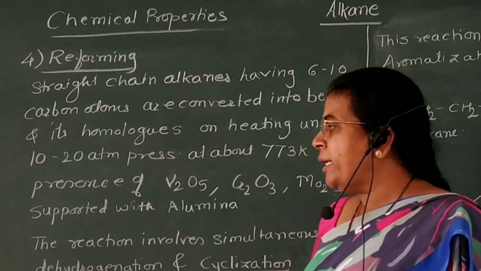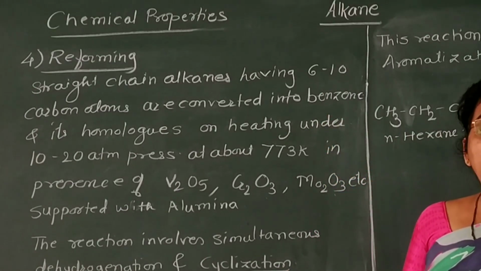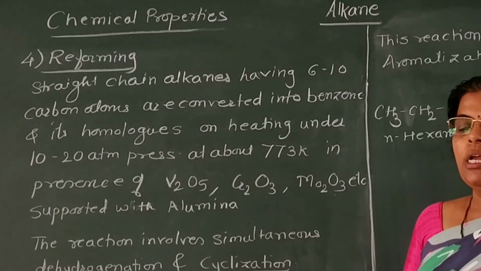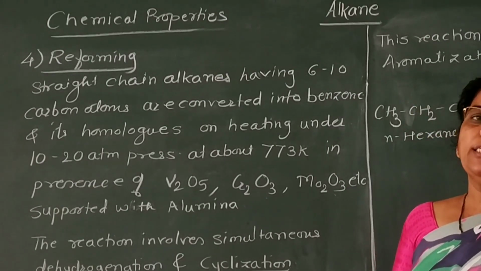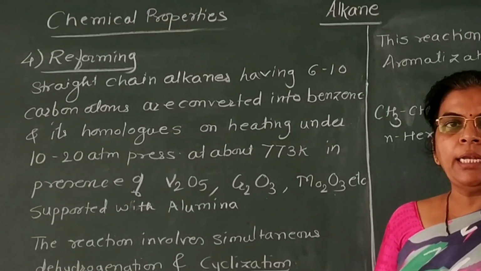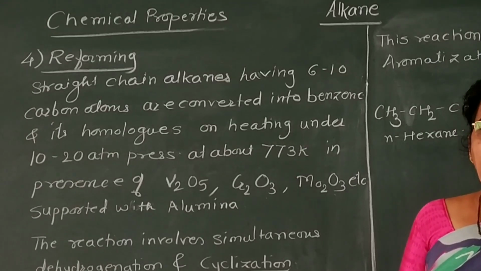Now what is meant by dehydrogenation? Removal of H2 molecule is called dehydrogenation reaction. Cyclization, that is, open chain alkanes are converted into cyclic compounds. Therefore this reaction is also named as cyclization.